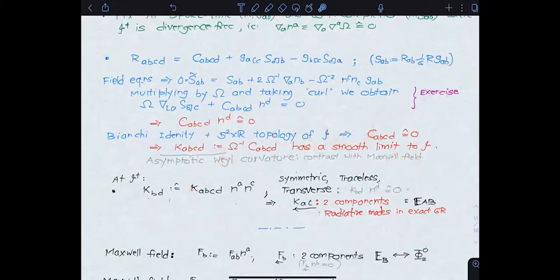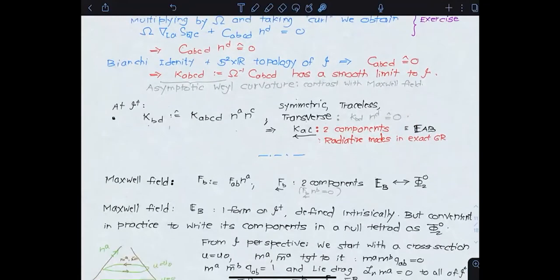But here it's really the null normals, so it's a generalization of the terminology. In a generalized sense it is like the electric part of the Weyl tensor, but you should keep in mind very strongly that it is with respect to the null normal.